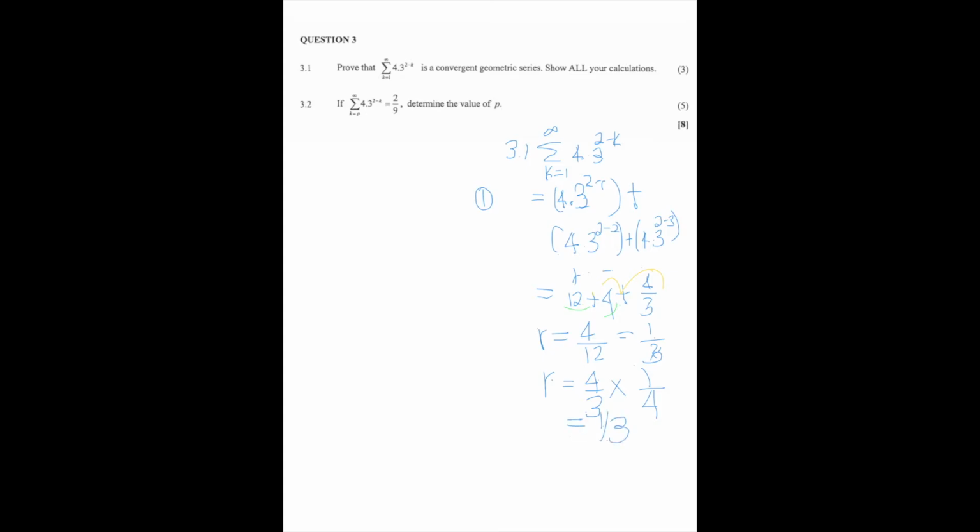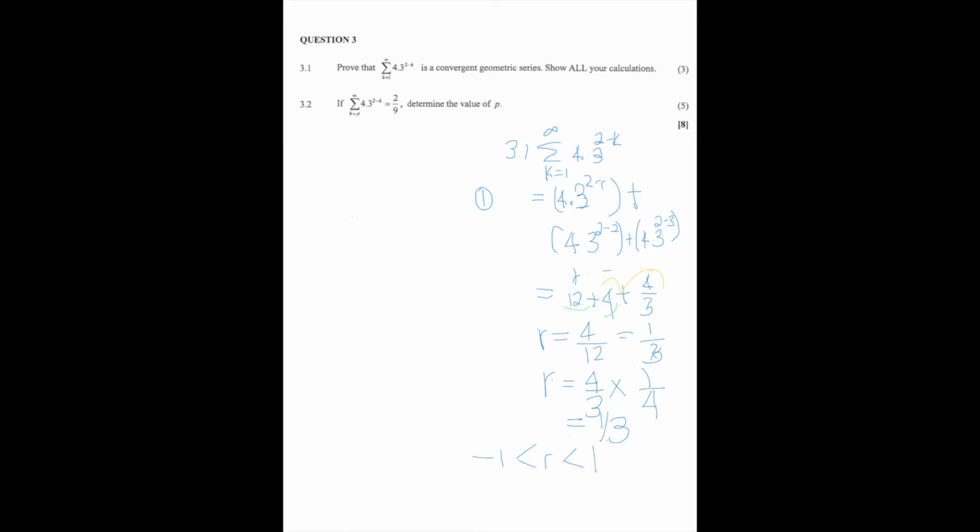So we can see that the series converges and has a ratio of 1 over 3, which is between the bounds of 1 and minus 1.